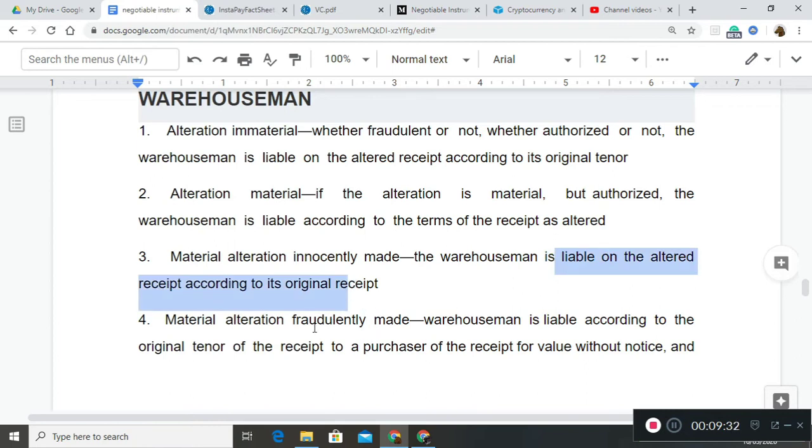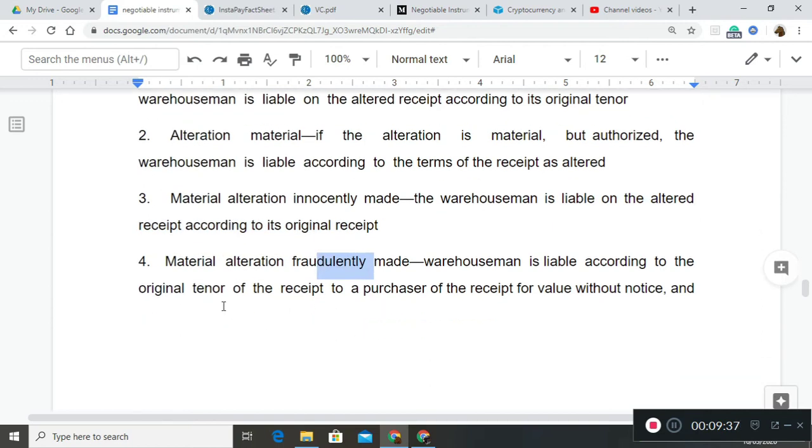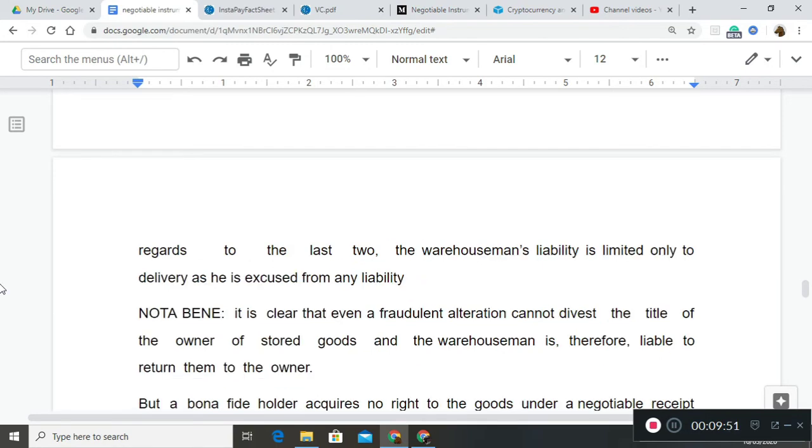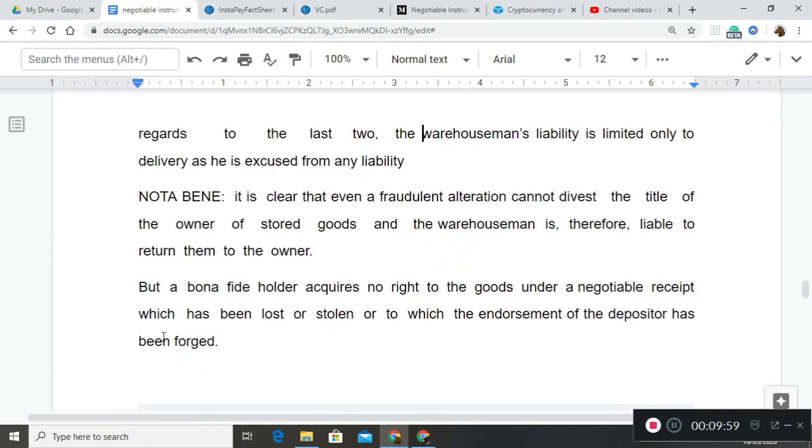When it is fraudulently made, he is liable according to the original tenor of the receipt to a purchaser of the receipt without notice, and even to the alterer and subsequent purchasers with notice, except that as regards the last two, the warehouseman's liability is dependent only on delivery, as he is excused from any liability.